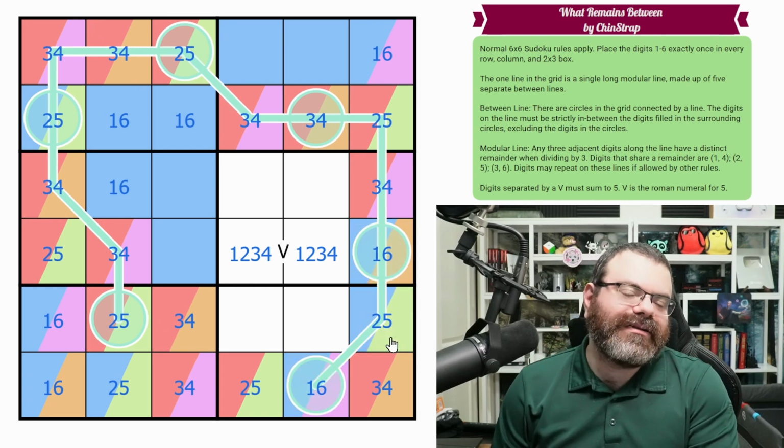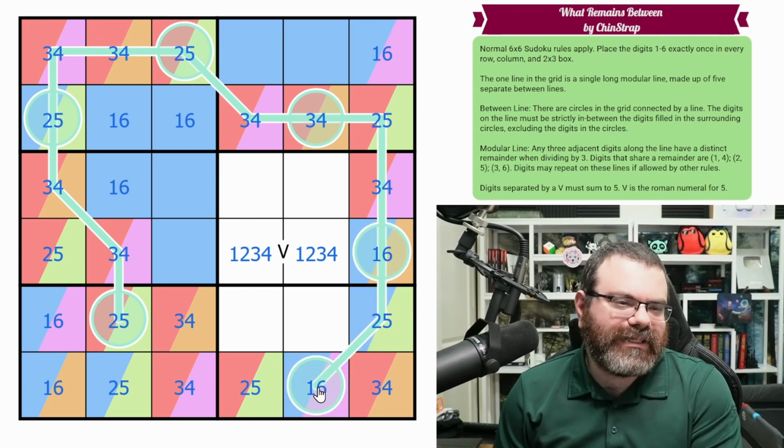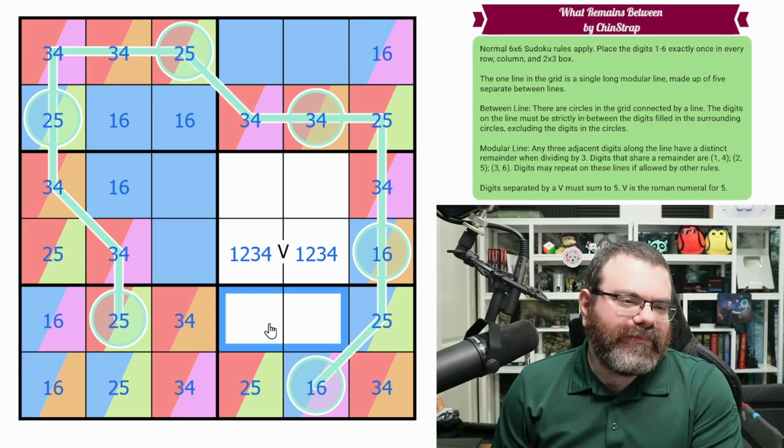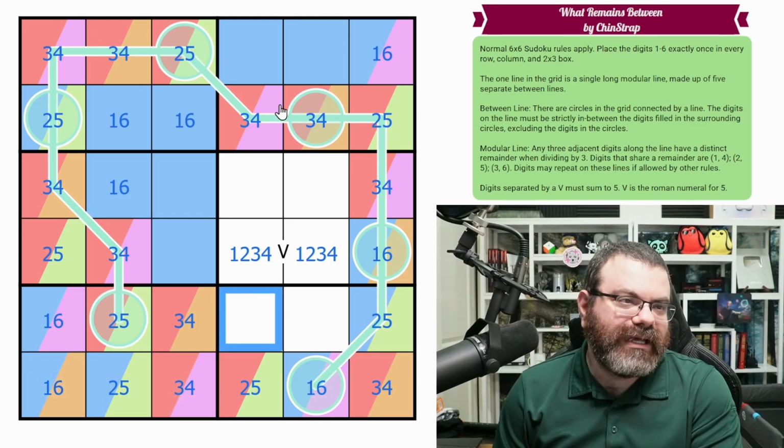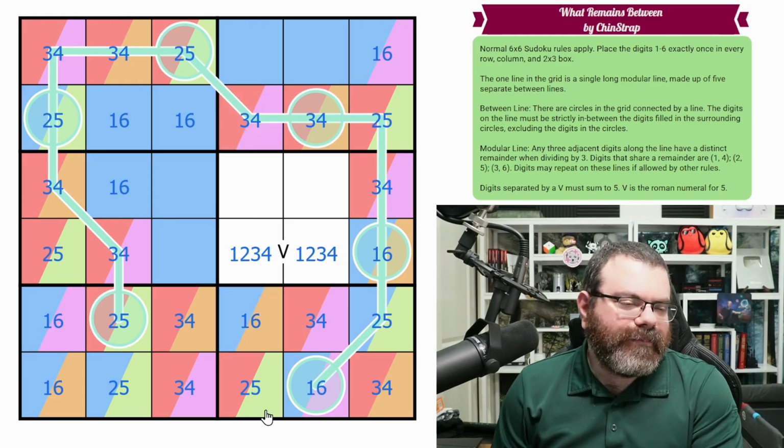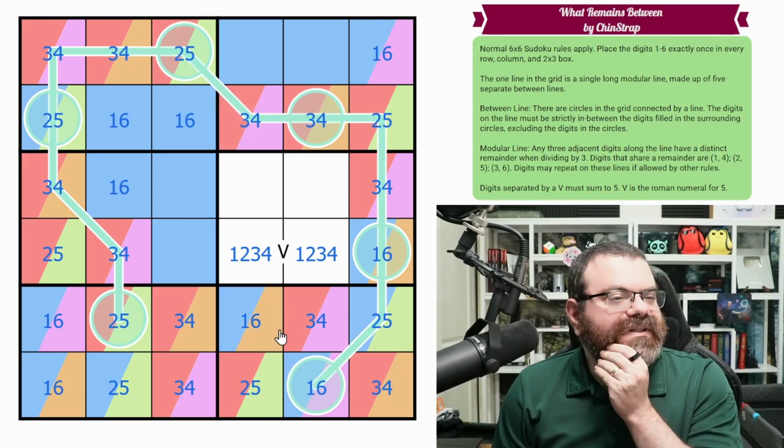So 1, 6 pair on circles doesn't do much for us, but there it is. These are these digits. The orange 1, 6 and the red 3, 4. So the red 3, 4 can only go here. So this one, and so then this is the 1, 6.